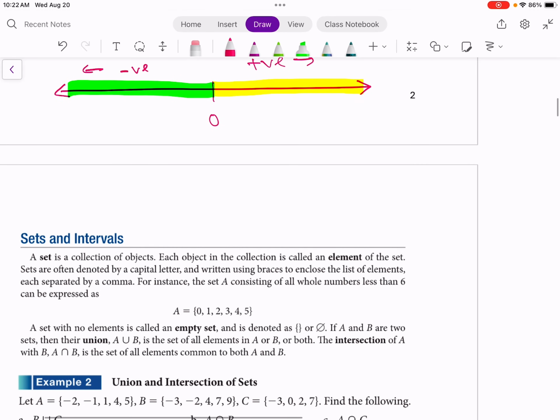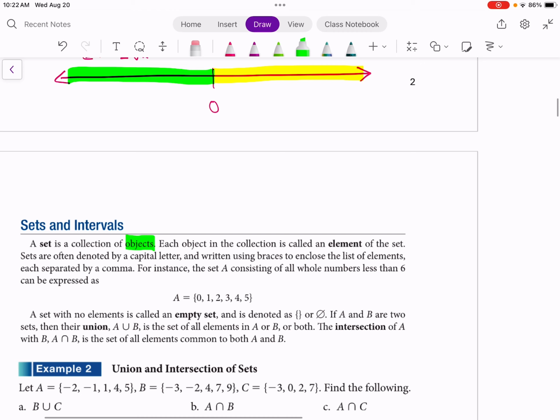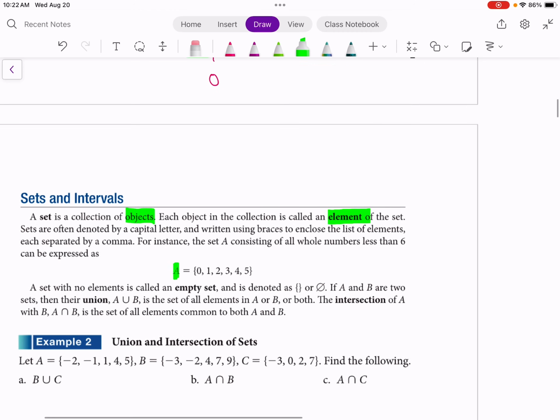Next, a set is just a collection of objects, and each object in the collection we call an element of a set. Like here we have a set A, and set A is a collection of whole numbers less than 6.